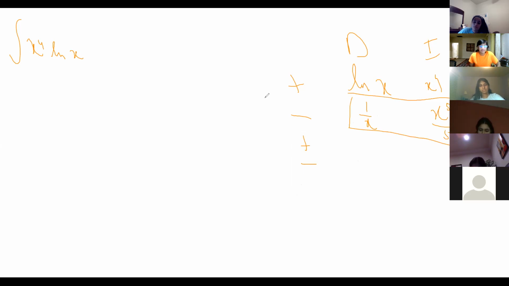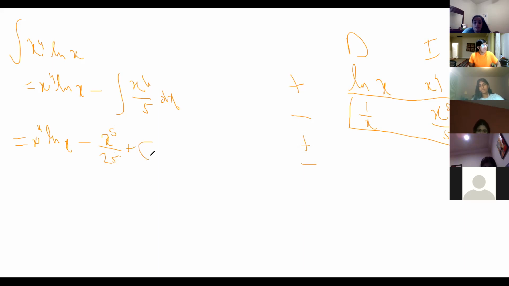And this is the same thing as in your normal integration by parts. So now this is just x to the 4th ln x minus the integral of 1 over x times x to the 5th over 5, which would be x to the 4th over 5 dx. And this would be x to the 4th ln x minus x to the 5th over 25 plus c. And you might be asking, why did we use the DI method here?